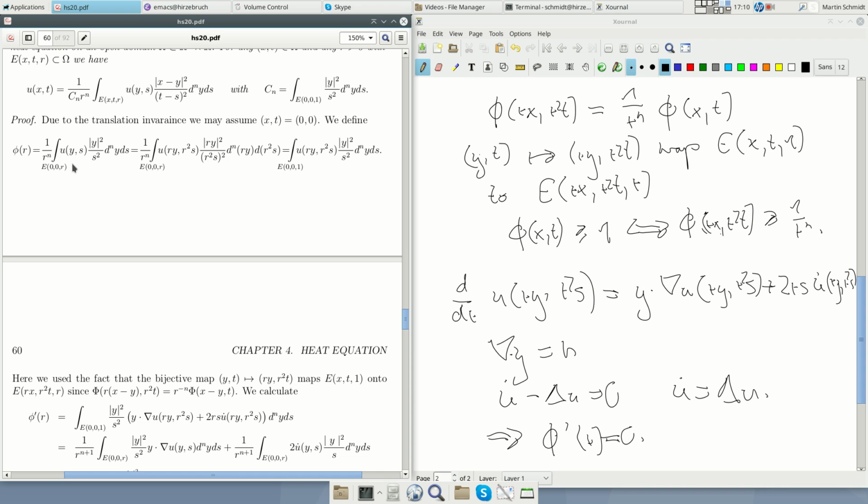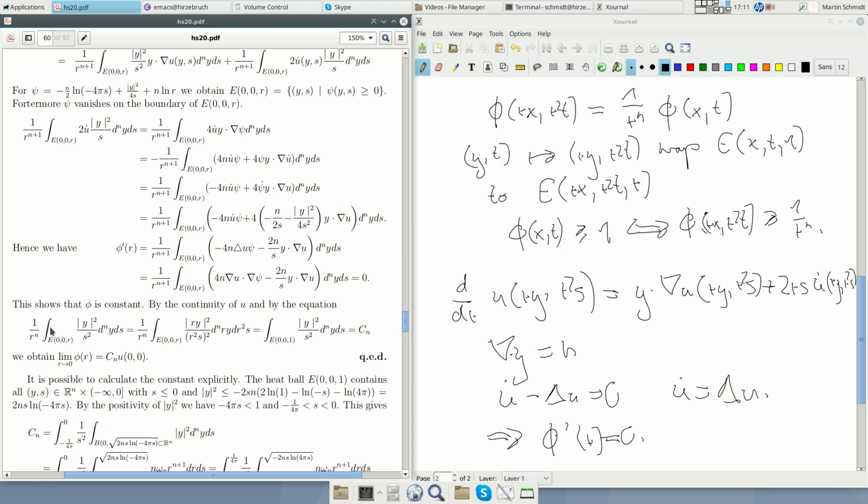Since this is positive, if we subtract from u the value at 0, then this becomes very small, and then it remains to calculate this integral. So we get the constant u of 0, 0 times this integral.